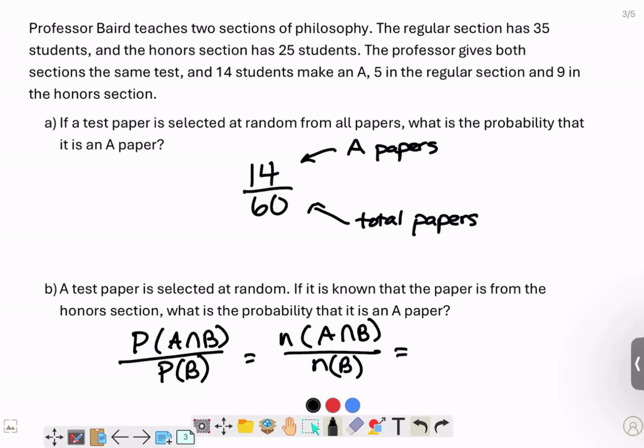So they both made an A and they're in the honors section. And the question tells us that that was 9 students. Then we need to divide that by the total number of students in the honors section. The question says the honors section has 25 students, so 25 in our denominator. So the probability that we pick an A paper from the honors section is 9 out of 25.